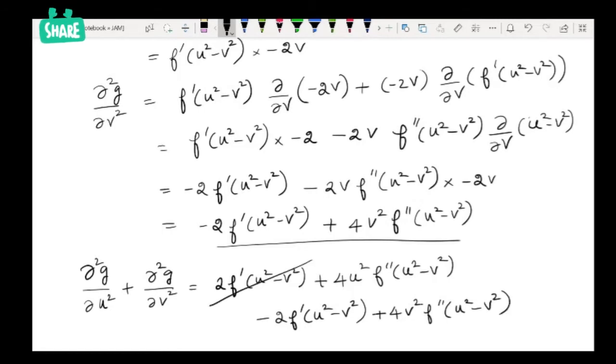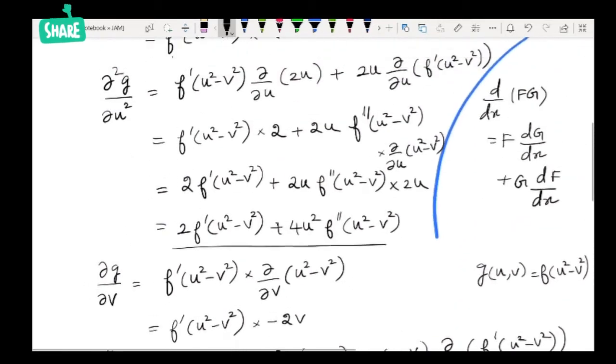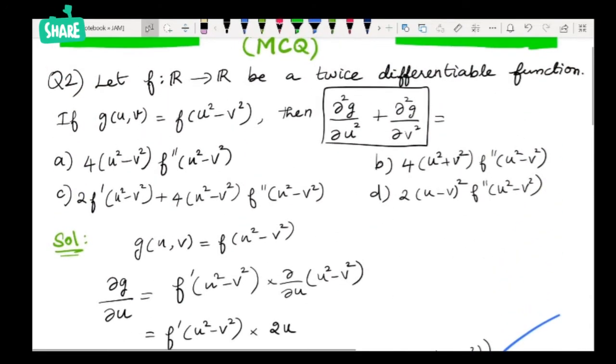So the first term and the third one will get cancelled, and for the remaining, we can keep 4f double dash as common, and inside you will get u square plus v square. So this term matches with which one? Option B. So that is the correct answer.